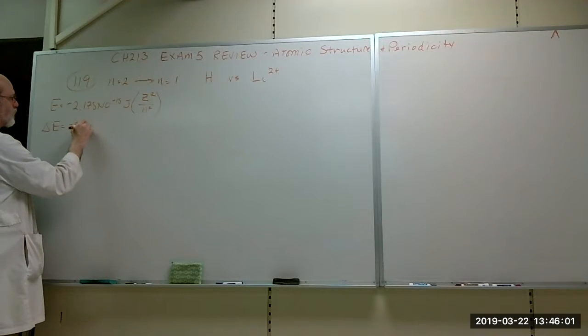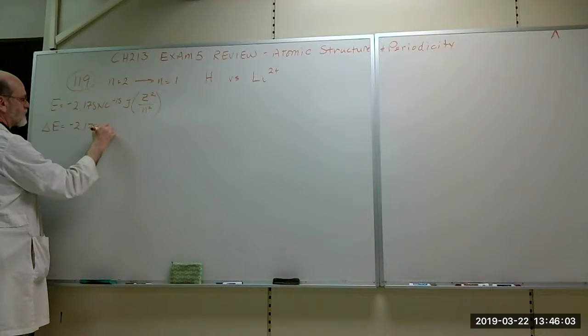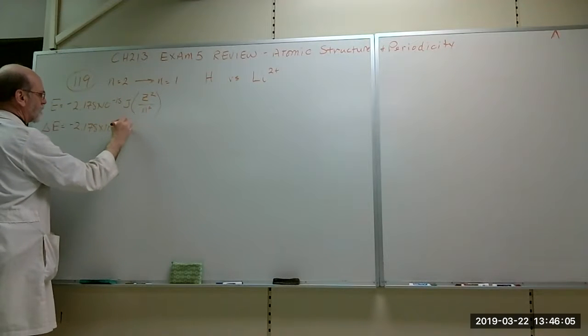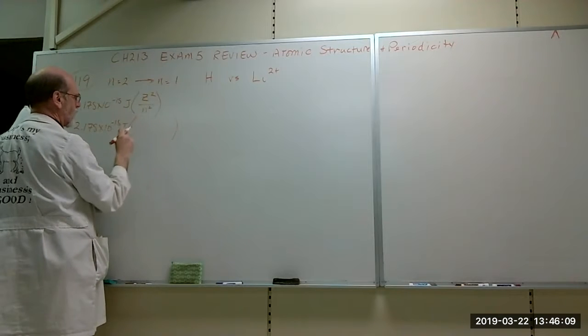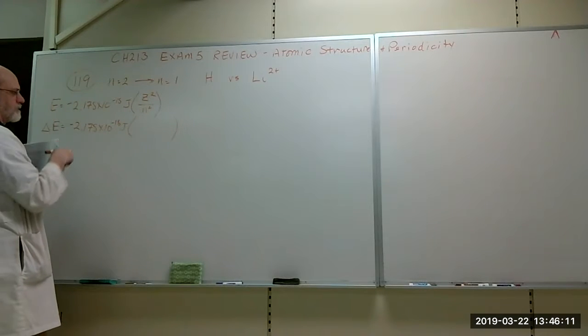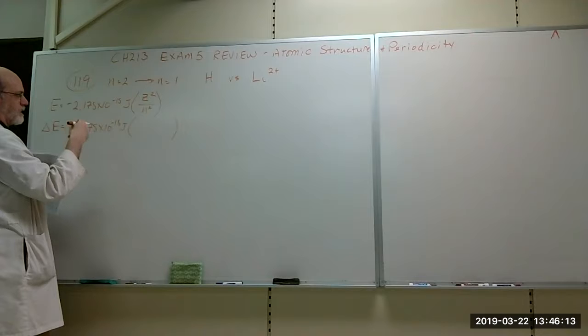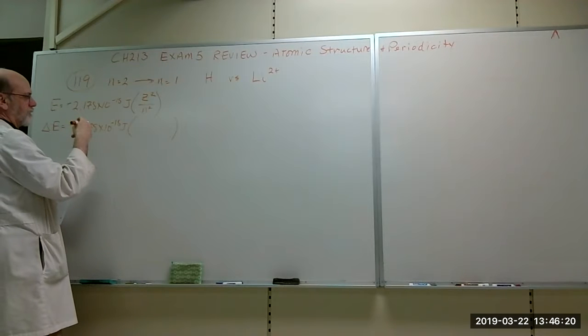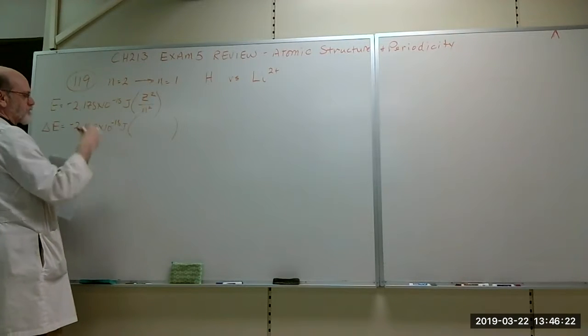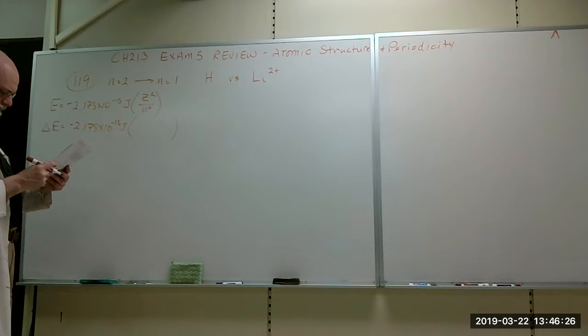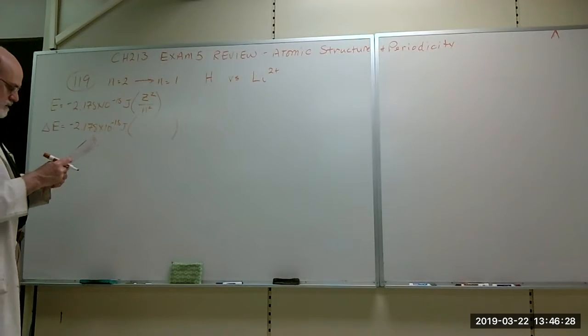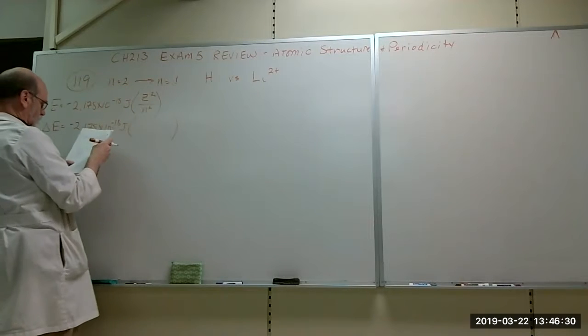So minus 2.178 times 10 to the minus 18. So we have, from first minus second, from this one minus that one.